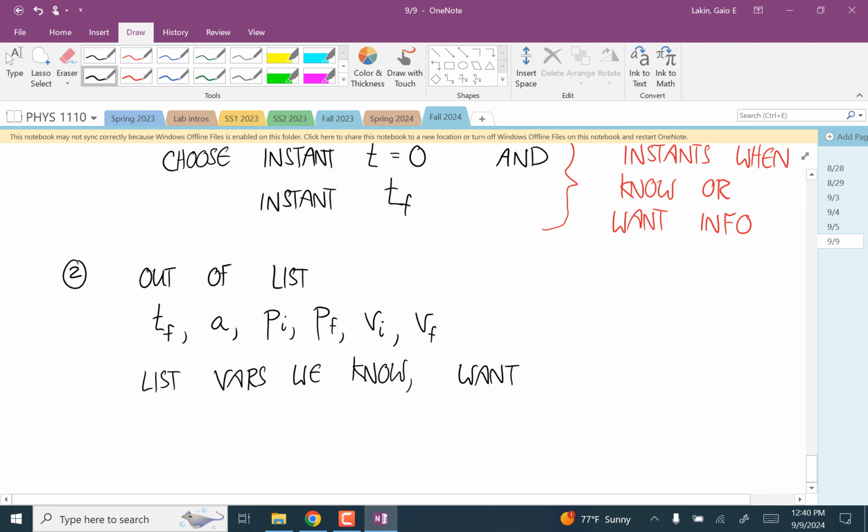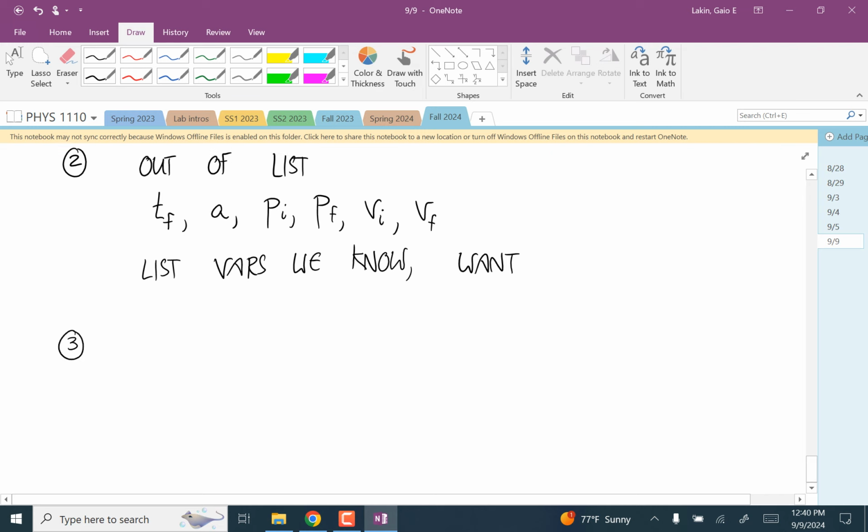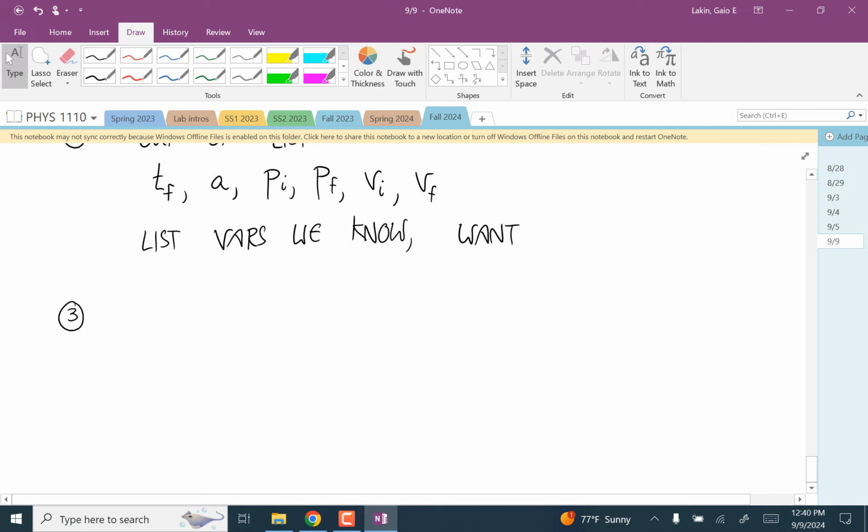Third, if you're lucky, this is the last step. Not always, but often it is. Look for a constant acceleration equation out of those 3 I gave you.